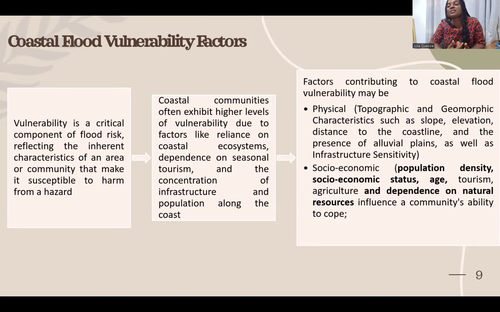And so in this situation, we are looking at a community which has a very high level of vulnerability because of its relationship with the environment. We can also look at another environment where about 90% of the people don't have anything to do with the ocean.